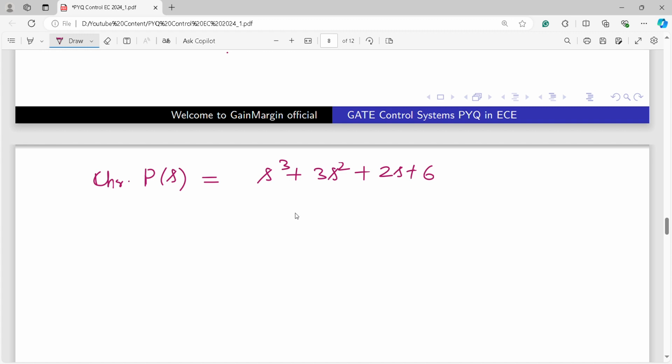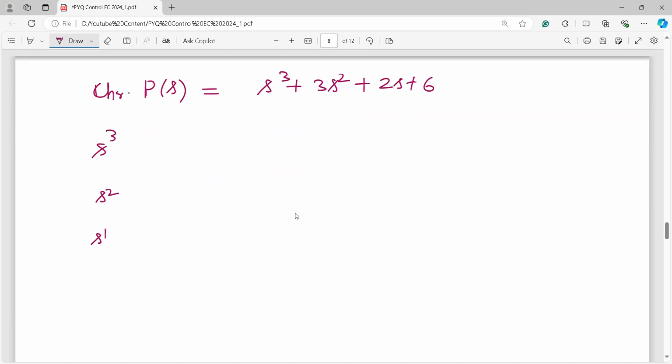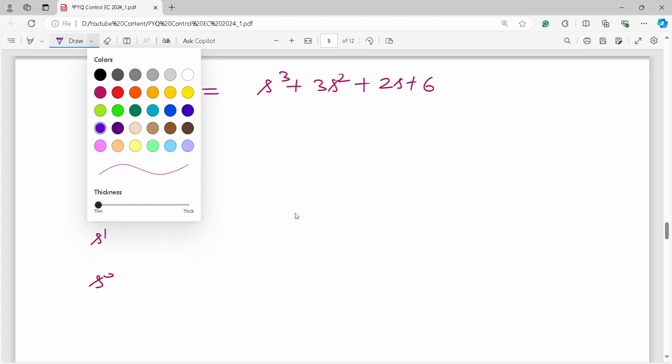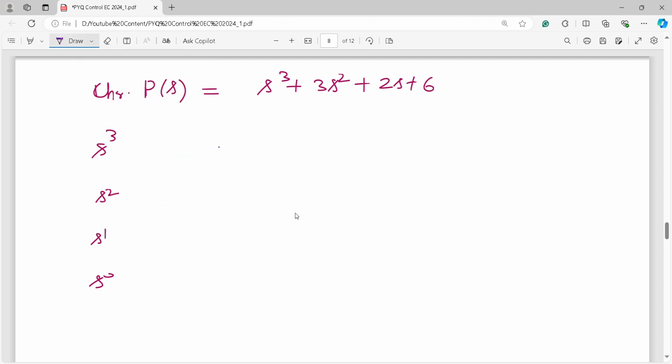So here you can see the order is 3, so we write s power 3, s power 2, s power 1 and s power 0, the constant term. So alternately we can fill this row. Here the coefficients are 1 and 2, and for s square the coefficients are 3 and 6.